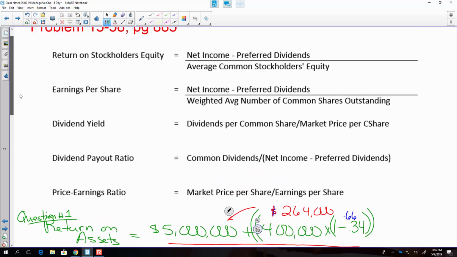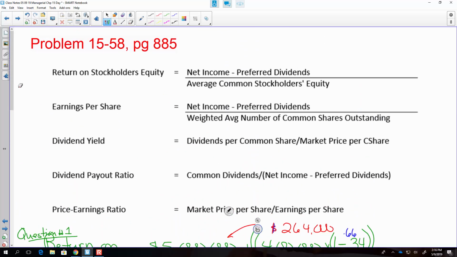All right, our next one is return on stockholders' equity. What do we need for return on stockholders' equity? We need net income. We need the preferred dividends. That's given. Net income is given. And average common shareholders' equity is also given.